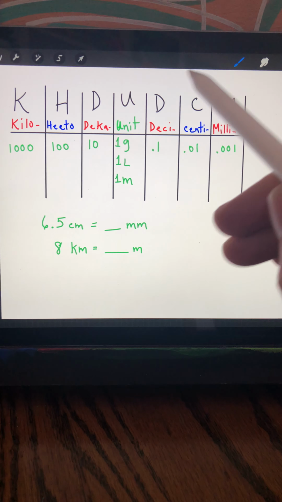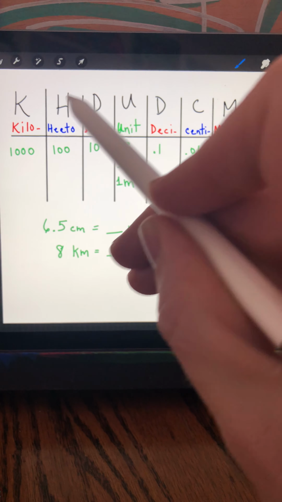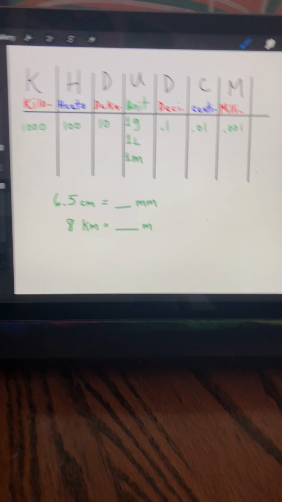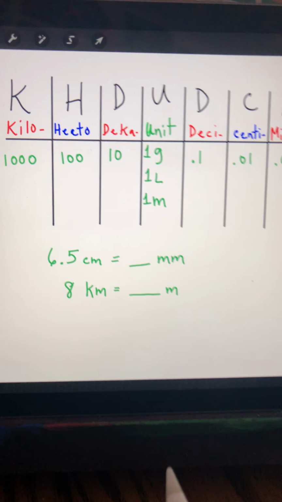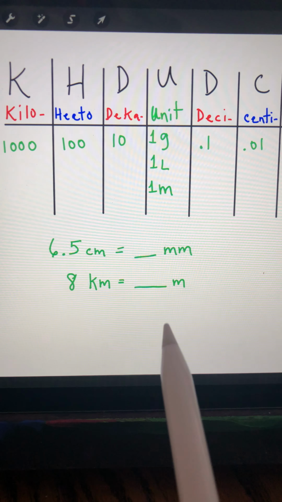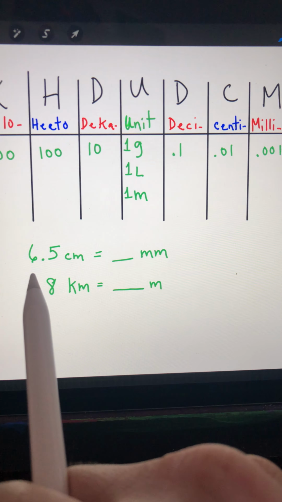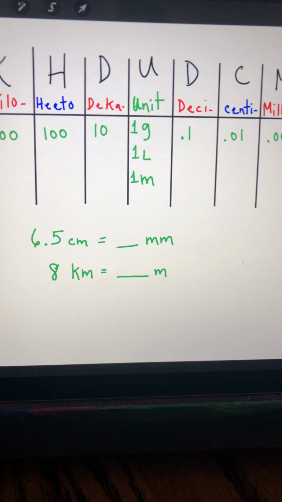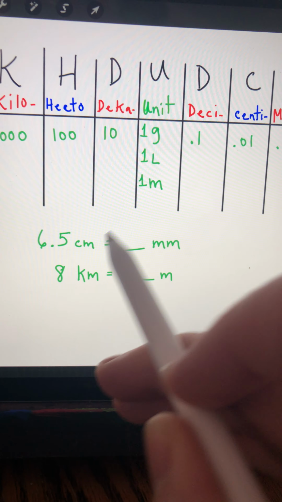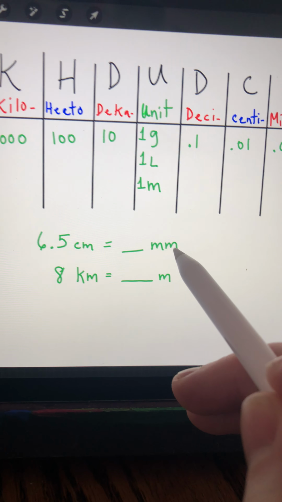We always get 10 times larger as we jump columns. So today we're going to focus on converting measurements. So if we look right here, I have a problem, and it says 6.5 centimeters. And I want to turn centimeters into millimeters.